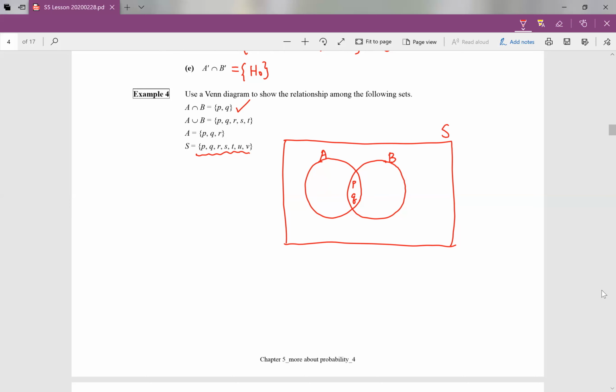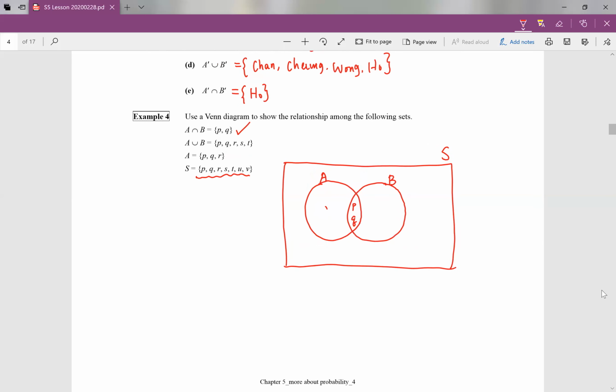A has P, Q, R, so R should be here. A union B has P, Q, R, S, T, so S and T must be here. And then the rest should be outside A union B. U, V. To check, yes, this is the Venn diagram of these three sets.